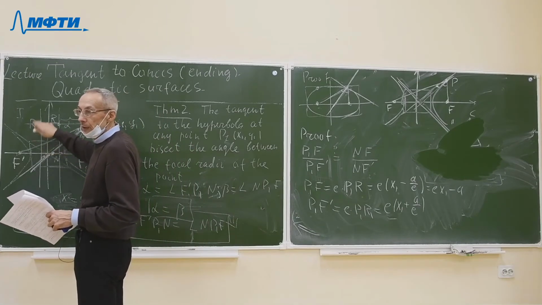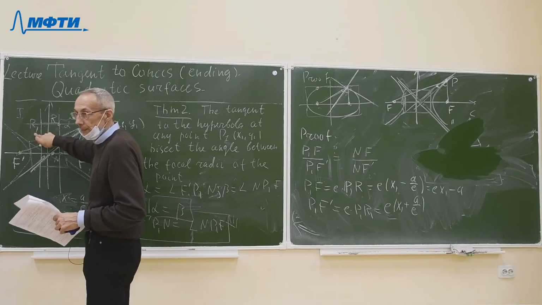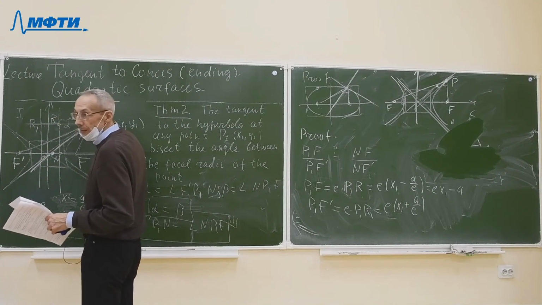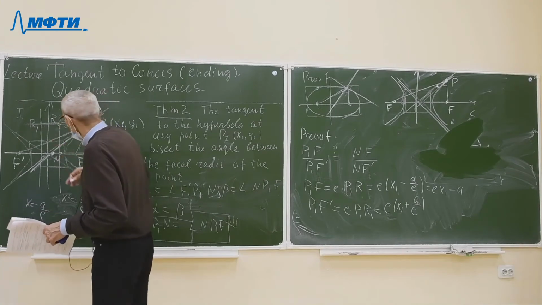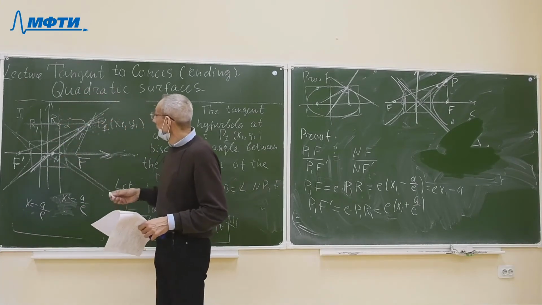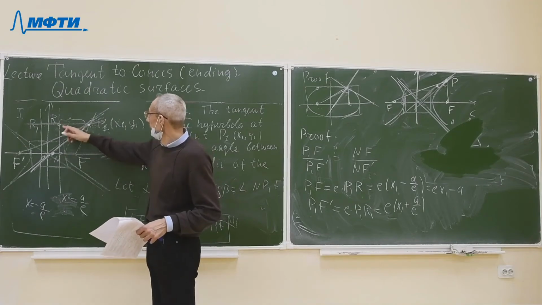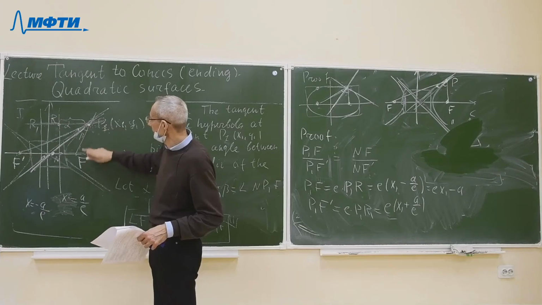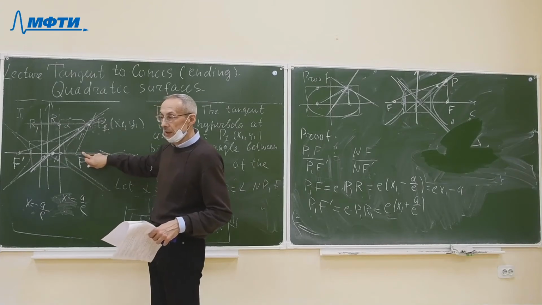R1 is the same point on the other directrix. And I calculate the distance between this point and this point by the main property of the hyperbola. This distance is equal to the ratio of this distance by the eccentricity.